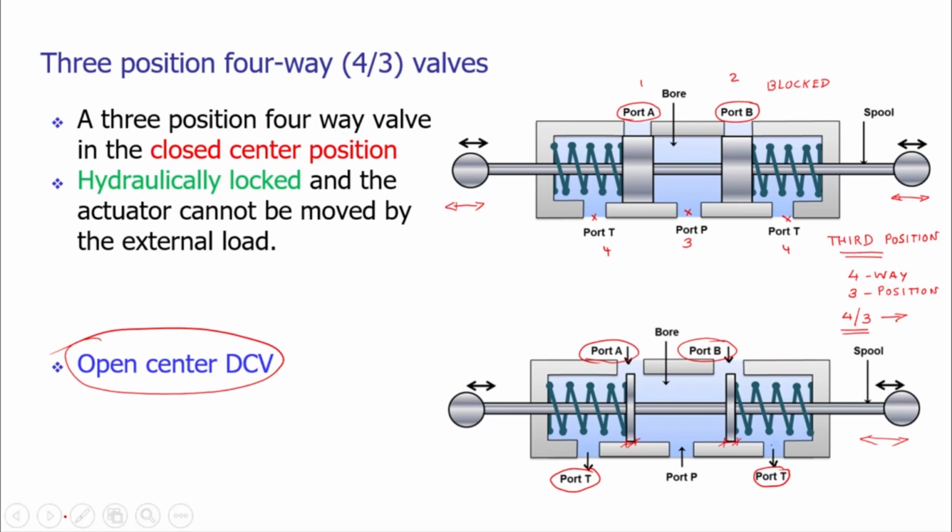There is a fundamental drawback in the closed center position valve. The closed center position valve is not allowing the pressurized fluid to pass through port A and port B. But the pump is continuously flowing pressurized fluid inside the system.